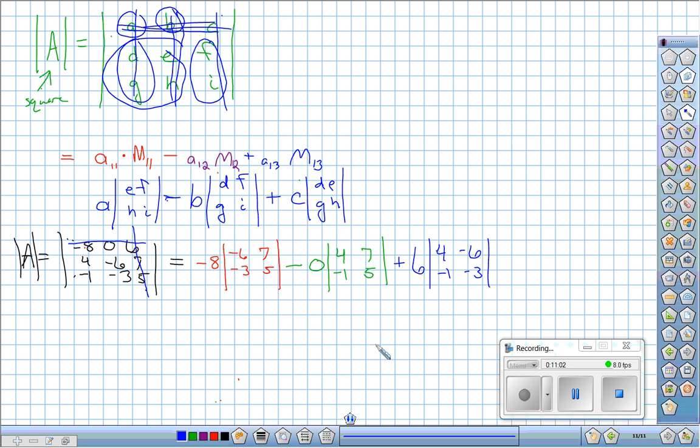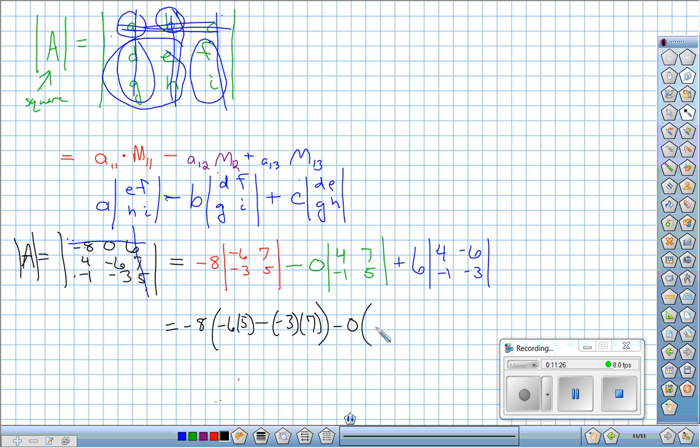So now this is what I'm going to use to find the determinant of a 3 by 3 matrix. So hopefully I already told you that, but I don't think I did for some reason. Now I'm going to find the determinants here. So I have -8, and then in parentheses I'll have -6 times 5 minus -3 times 7. Then I have -0.